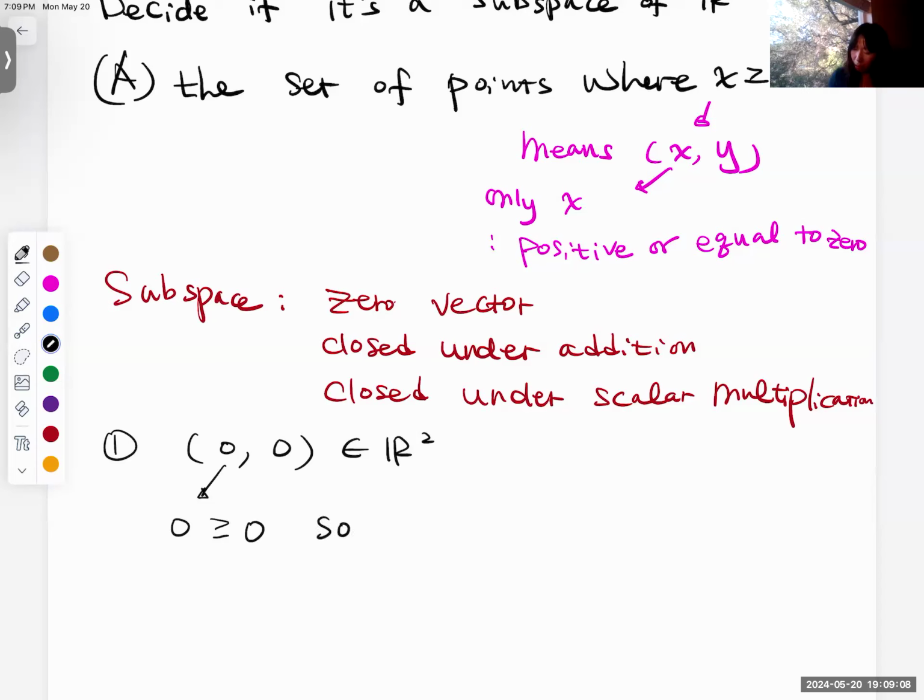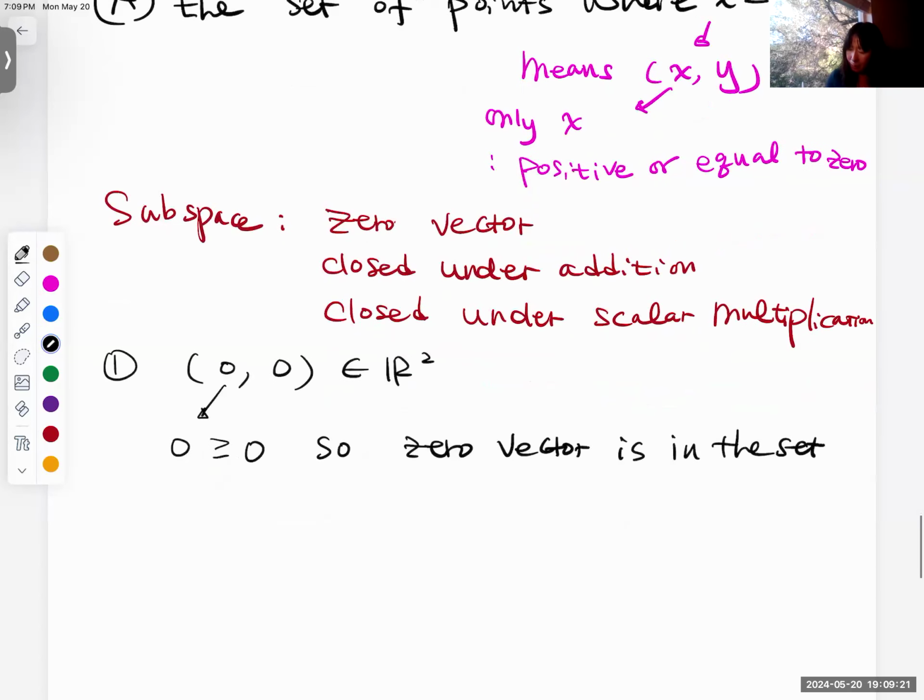So the 0 vector is in the set. What's the set? The set is, in this case, x greater or equal to 0. Okay?